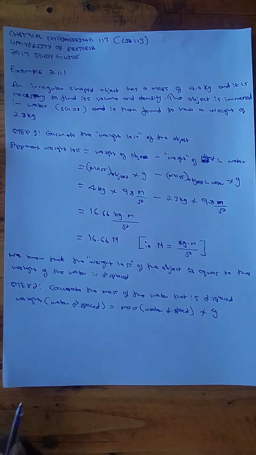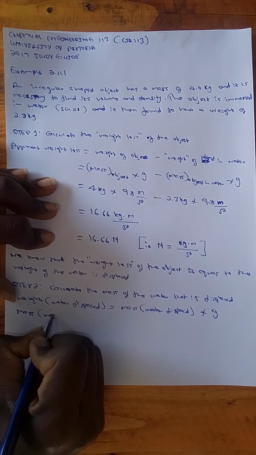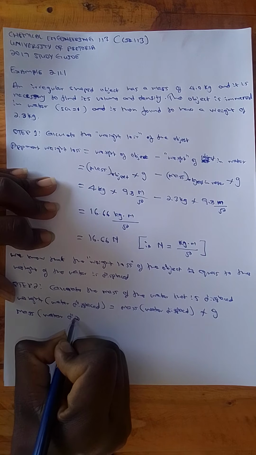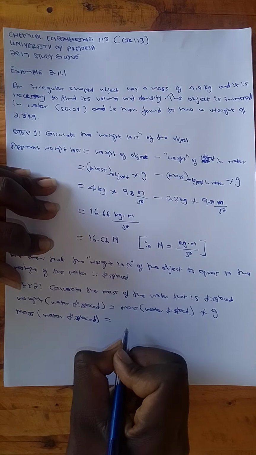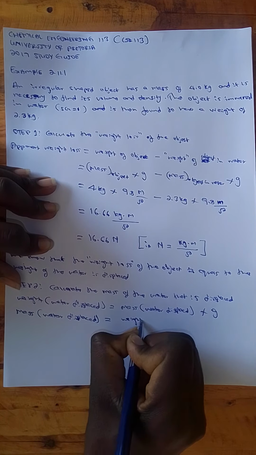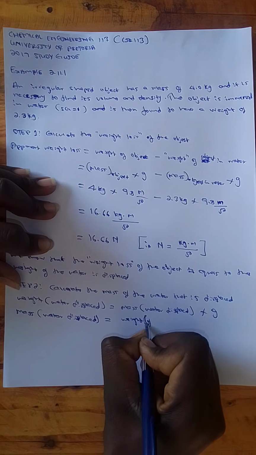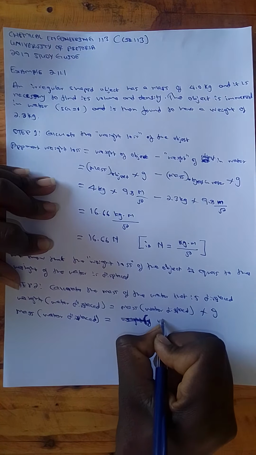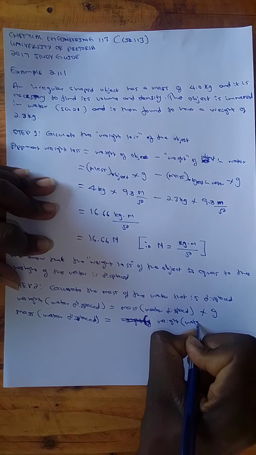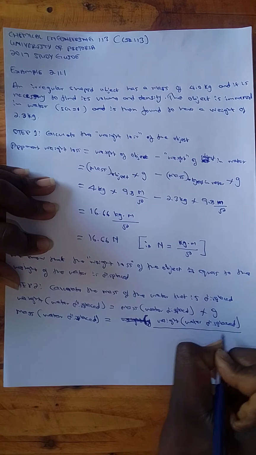Now if you do rearrangements, we can say the mass of the water displaced equals the weight, sorry about that, let me write it in such a way that it will easily be visible, the weight of the water displaced all over g.